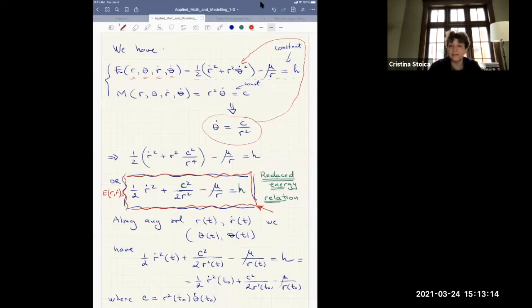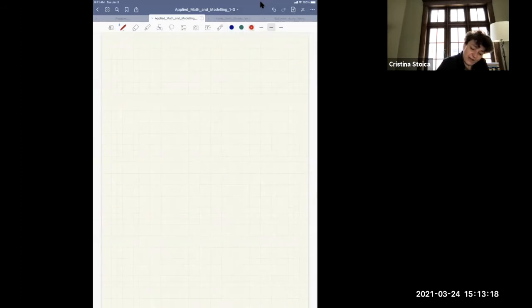So we have 1/2 r dot squared plus c squared over 2r squared minus mu over r equals h. And as I taught you, this is always positive. So h minus c squared over 2r squared plus mu over r has to be positive.